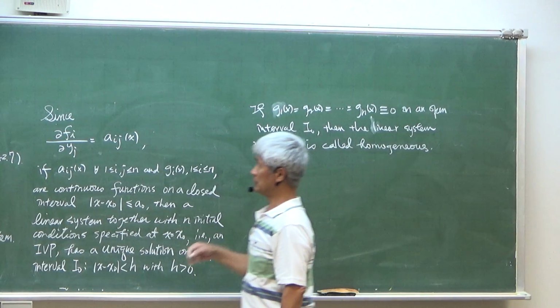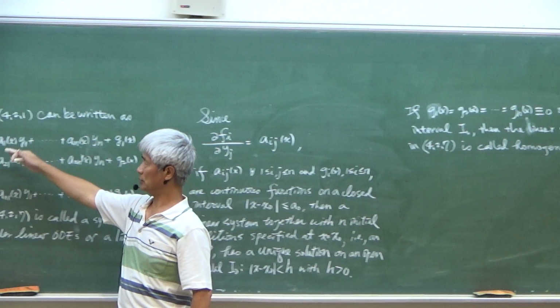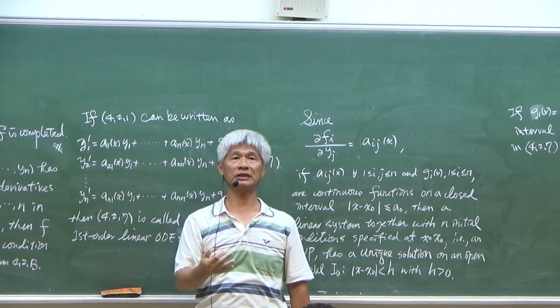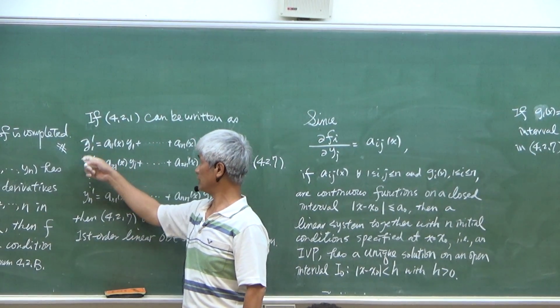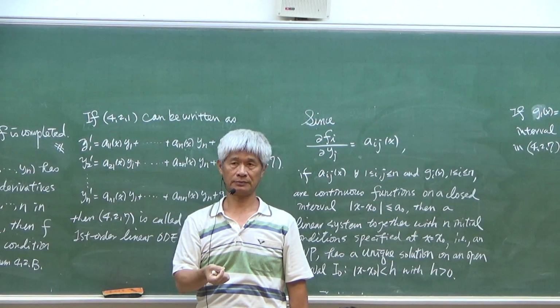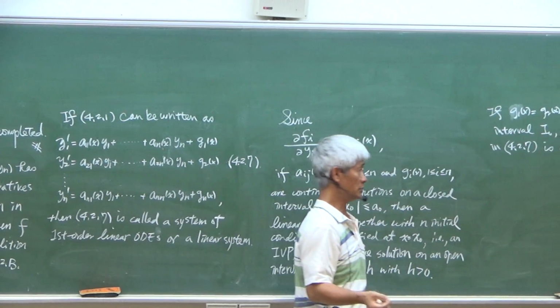And of course, for a homogeneous system, you always have the trivial solution. It means that every function is the zero function. So this is called the trivial solution.